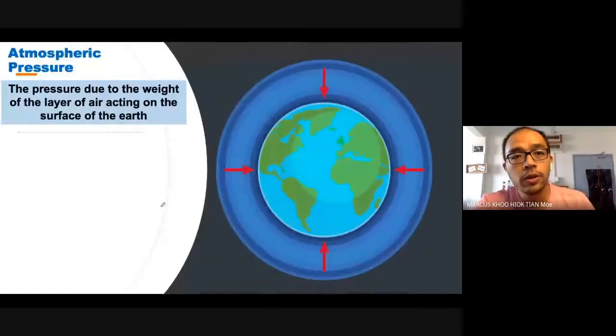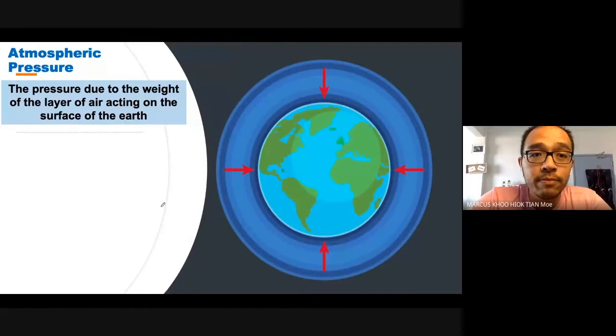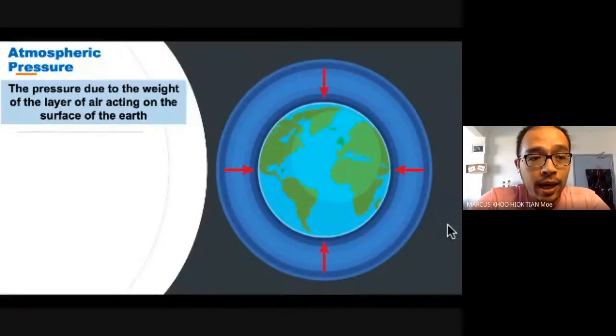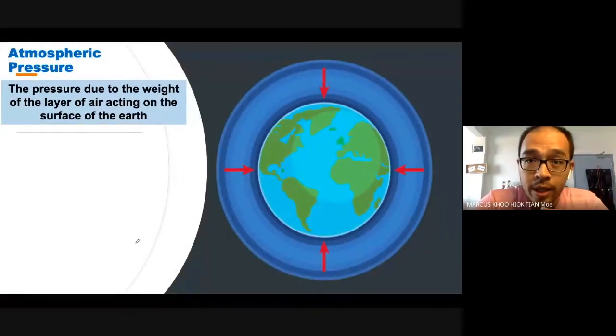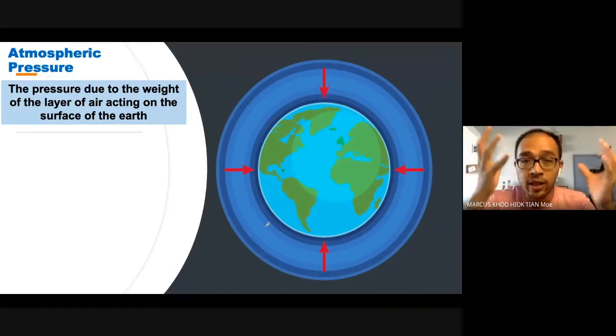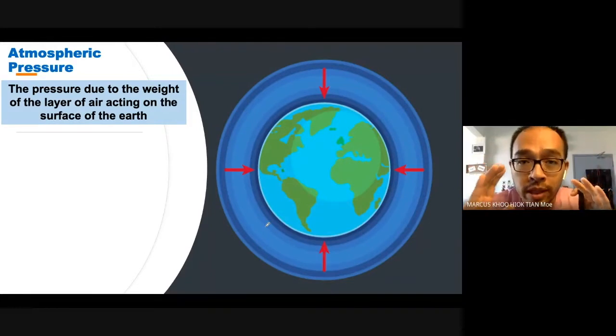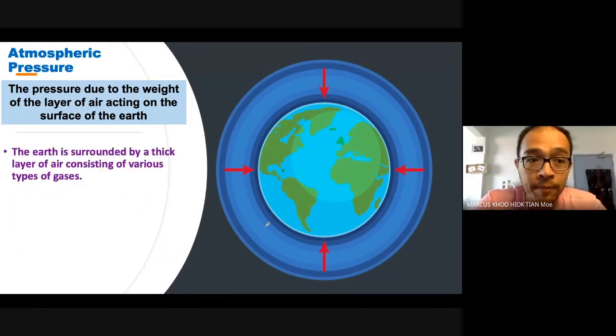Okay, so atmospheric pressure is the pressure due to the weight of the layer of air acting on the surface of the earth. Okay, so you have all this air around it. Okay, and because they are all acting on the earth, so it creates a pressure on us lah. Okay, so the earth is surrounded by a thick layer of air, okay, consisting of various types of gases.